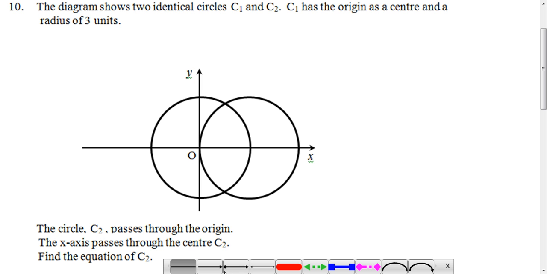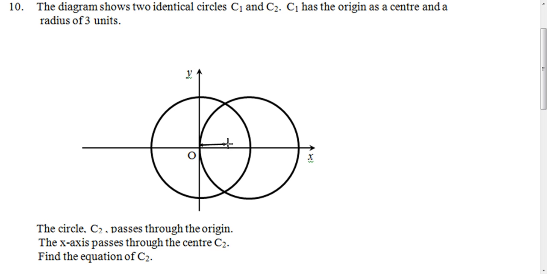So the equation of C2 is really dependent on the centre point and the radius. Now, it says from here to here is a radius of 3, so I'll just put that in there. And it says up here, radius of 3, which means that the radius of the new circle C2 is also 3.